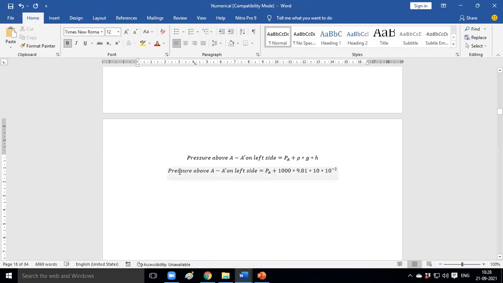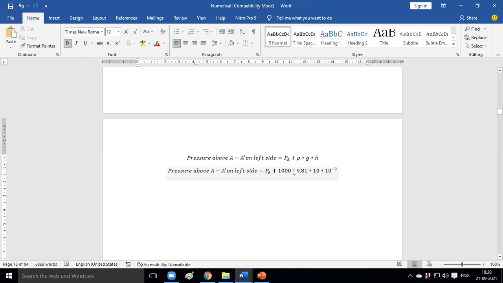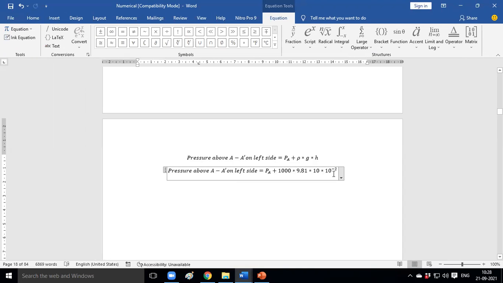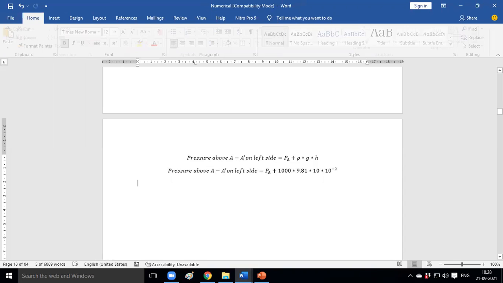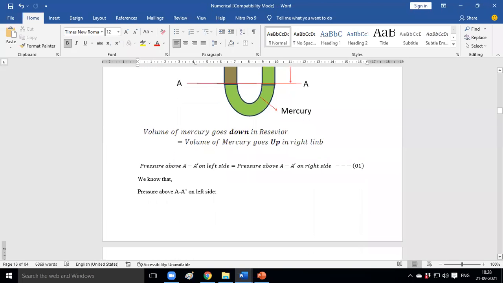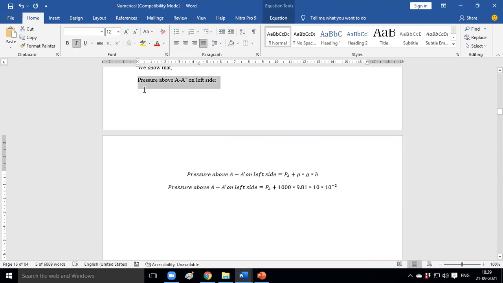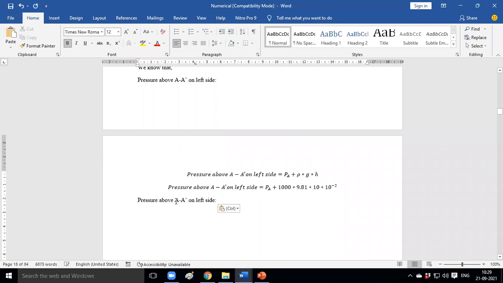Okay, you do the calculation and tell me what will be its value. Now, above the datum line AA' on the right side, the pressure above A'.